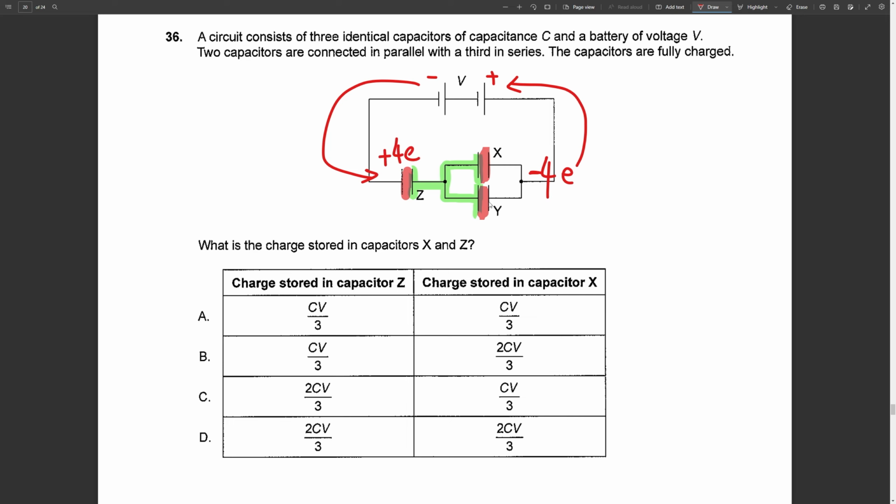And X, Y are actually two separated plates, which means X should be losing 2 electrons and Y is losing 2 electrons. Then let's focus on X and Z. X and Z are in a ratio of 1 to 2. So the answer is 1 to 2. C is the correct answer.